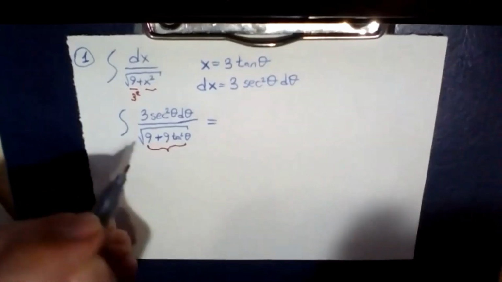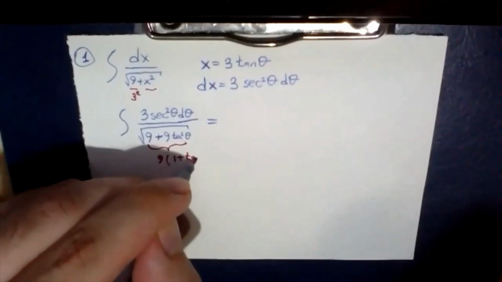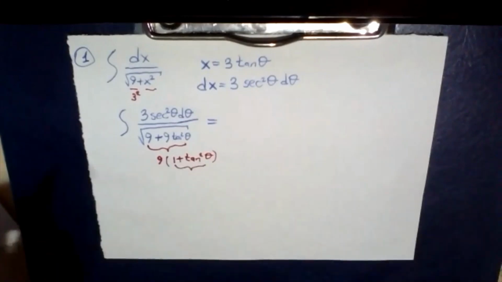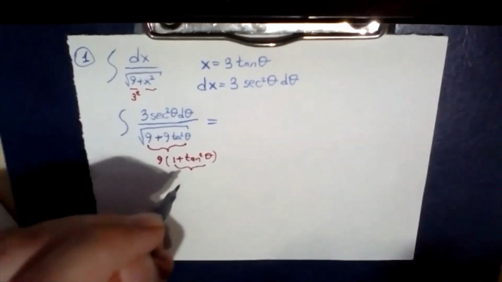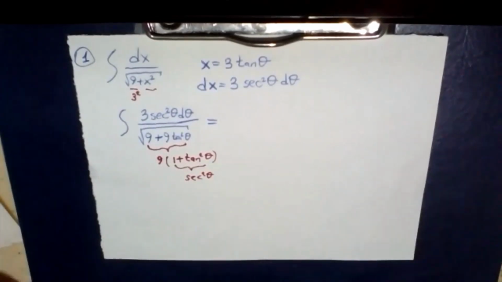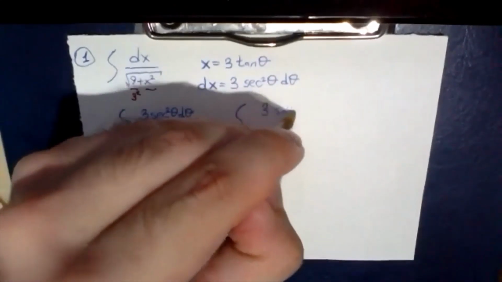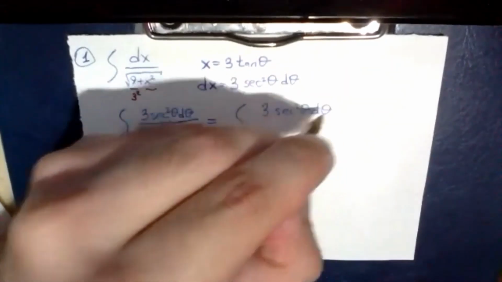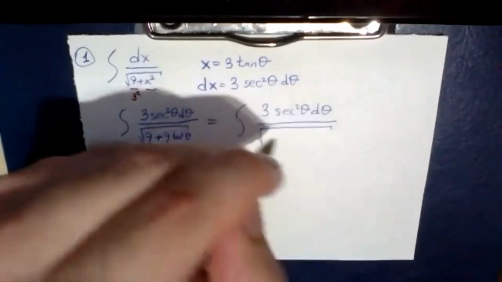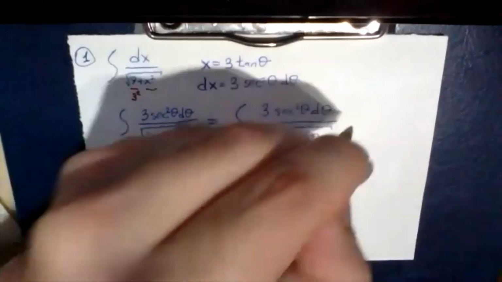the inside part of the square root can be written as 9 times parentheses 1 plus tangent squared theta. And from the identities, 1 plus tangent squared theta is equal to secant squared theta. So our integral will become 3 times secant squared theta d theta over square root of 9 times secant squared theta.